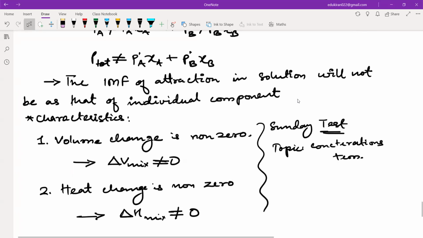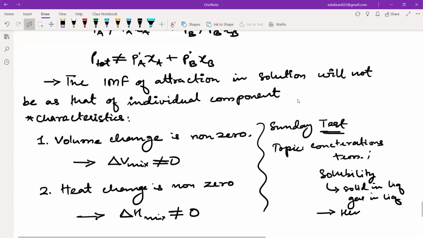Other than concentration terms, you will be asked about solubility. In solubility, you will have first of all the solubility, then the solubility of solid in liquid. Then you will have solubility of gas in liquid. Okay, and after that, in gas and liquid, there is also a factor which is pressure, which comes under the topic of Henry's law.